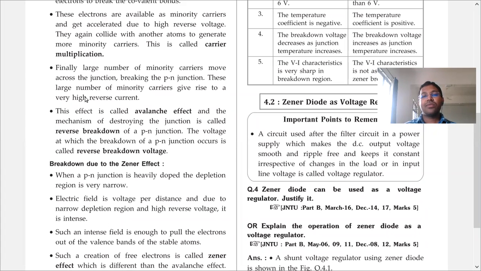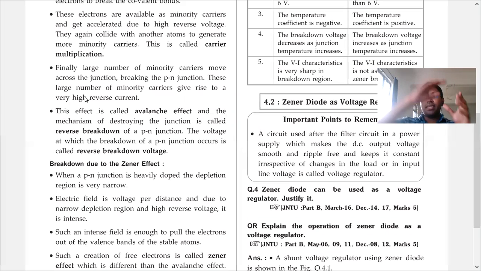You are putting less effort, but you are able to destroy the bonds that are present in the stick, and you are able to break the stick. Same logic. Because the width of the depletion region is thin, a small voltage can break the depletion region.